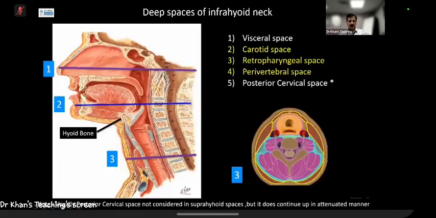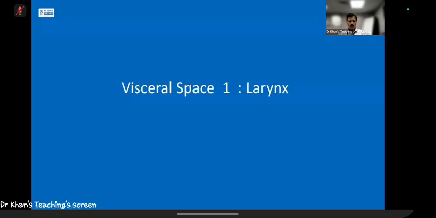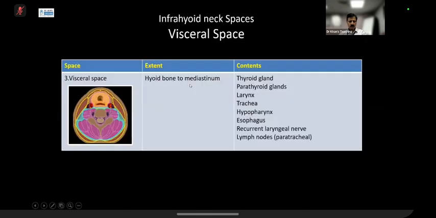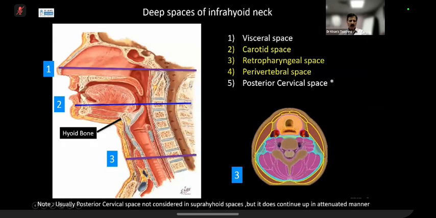Okay, from here we come to the larynx. Now, the larynx is sitting in the infrahyoid neck. And in the infrahyoid neck, we have got multiple spaces, and the larynx is part of the visceral space.